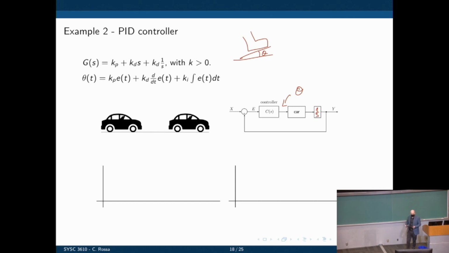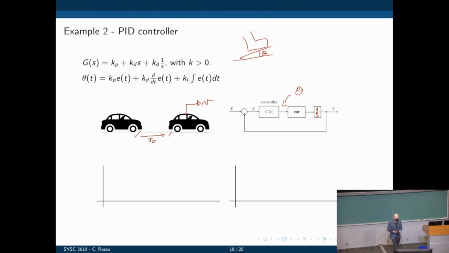You have two cars. In the front car, you have a friend who is going at a constant speed v. And we are on a highway or somewhere, and for some reason, we want to drive on the side of that car. It's 0 meters away from it, so just on the side. We want to follow that car exactly.